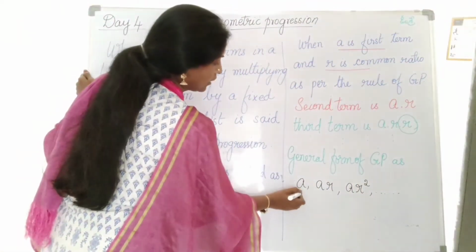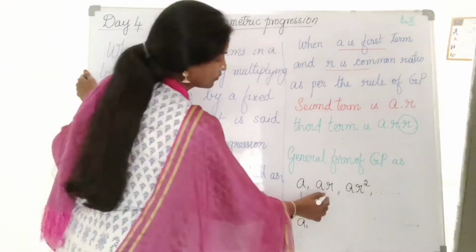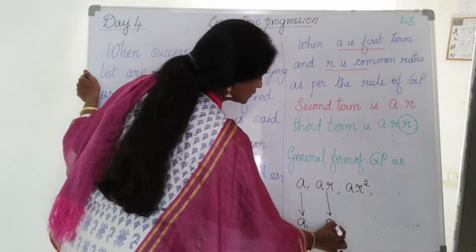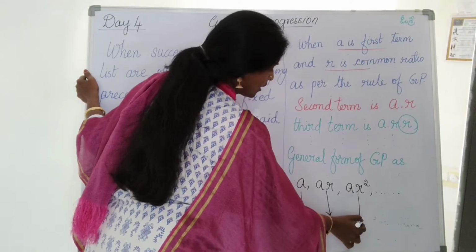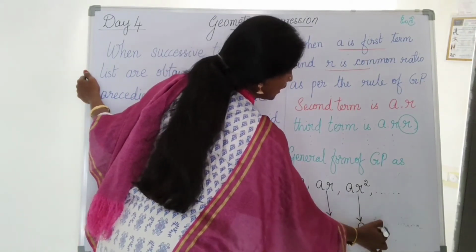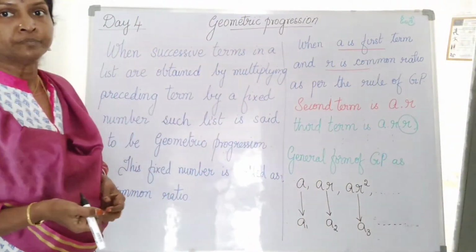So here A is the first term of the GP, AR is the second term, and AR square is the third term, and likewise we have to write the other terms.